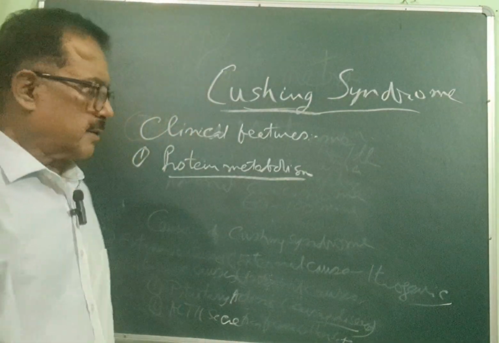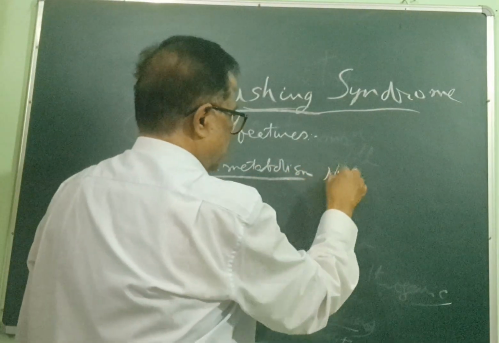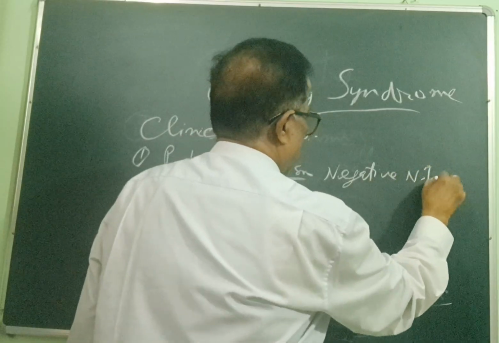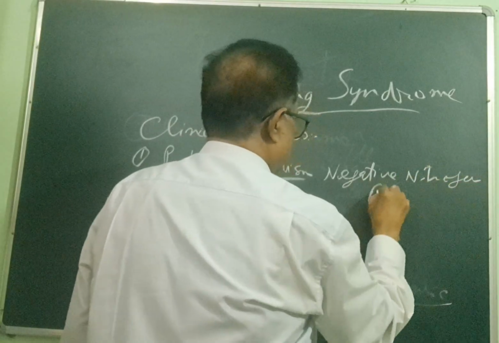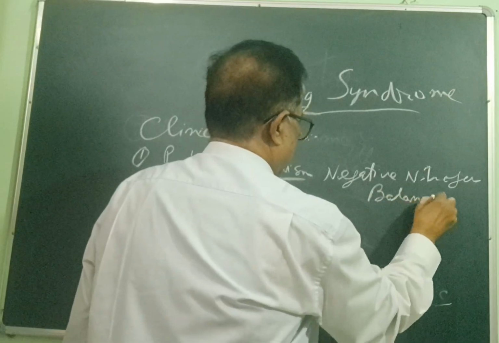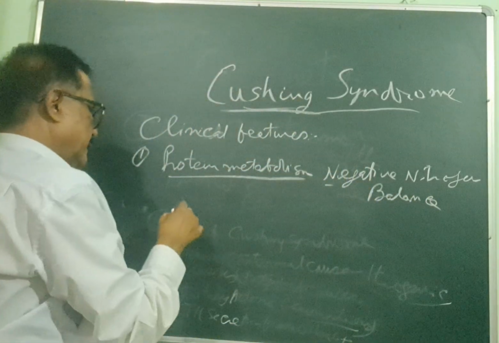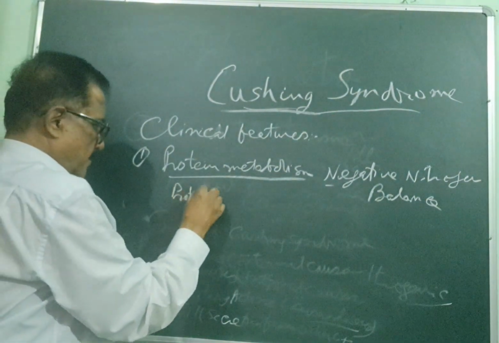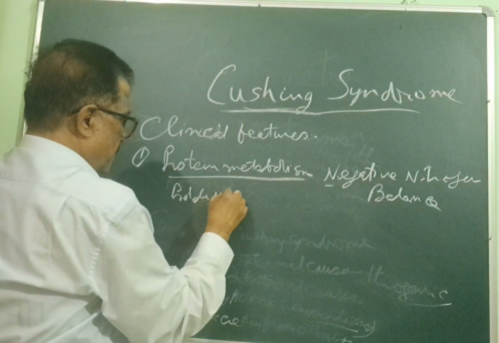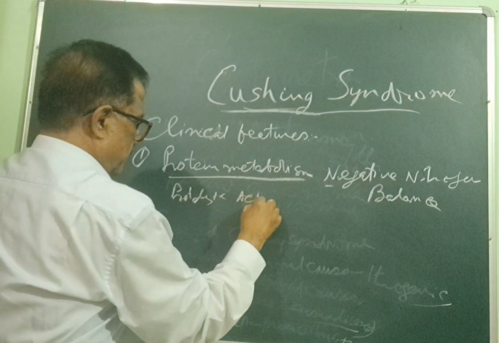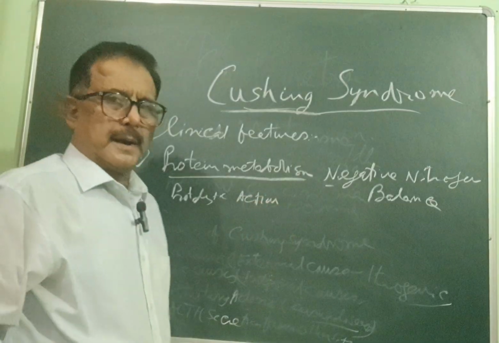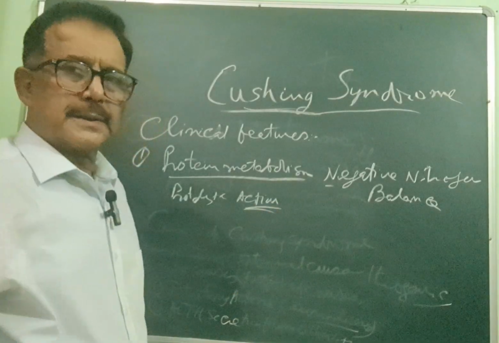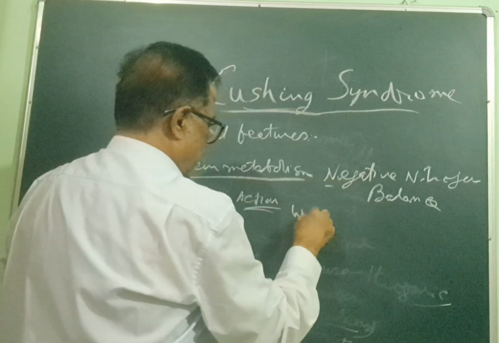It causes negative nitrogen balance, therefore it retards growth. Second, it has a proteolytic action on muscles and other parts. When it acts mainly on muscles, it causes weakness of muscle.